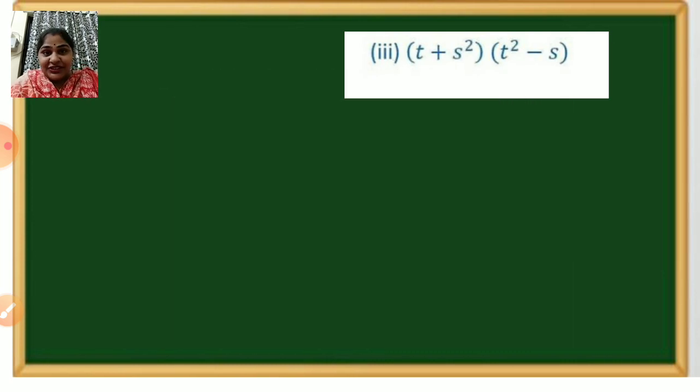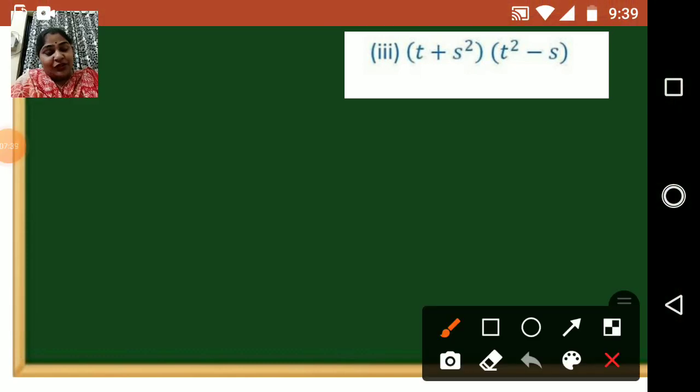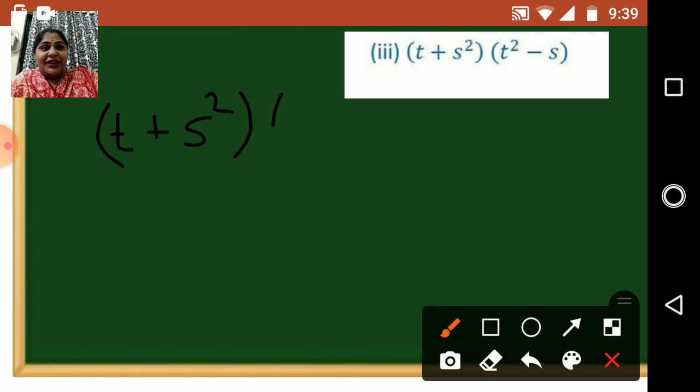Now the third one, children, the next one. Again, that is a very easy one, children. Now if you see, there is only a multiplication of binomial to binomial. So let us begin. This is t plus s square in bracket multiplied by in bracket t square minus s.